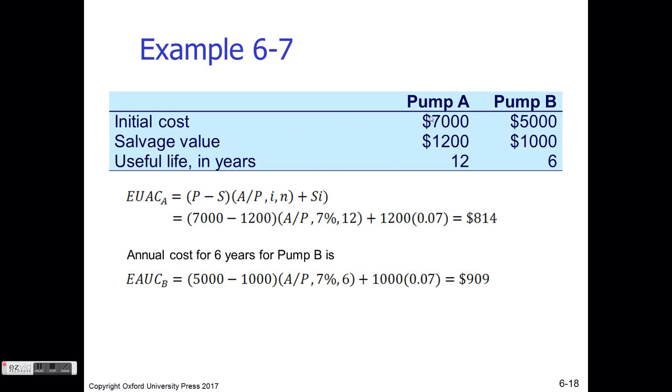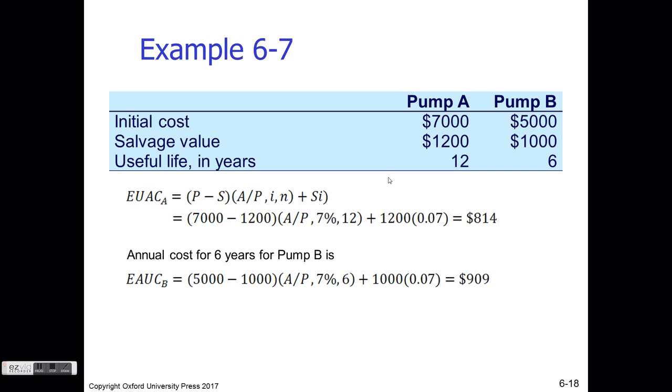Because what you need to do is you have the initial cost, which is going to be $7,000. Then you will have 1,200 at the end of the year, correct? So what you need to do is move the 1,200 to present, correct? Or if you want, you can move the 1,200 straight to A, from F to A, correct? But here, what they have done is moving to present.